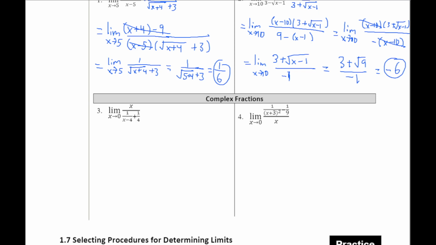We have the limit as x approaches 0 of x over 1 over x minus 4 plus 1/4. We want to solve this fraction here at the bottom to make this into one term. I'll show you what I mean right here. That's the same as the limit as x approaches 0 of x over.